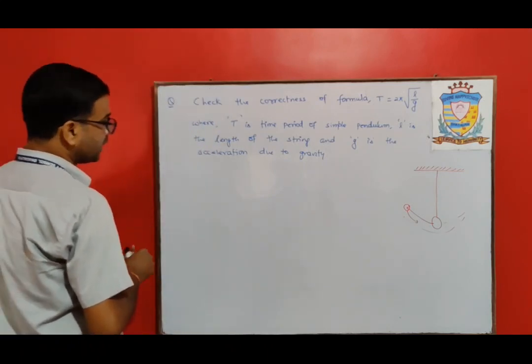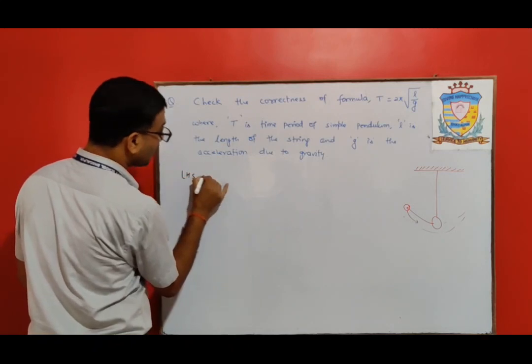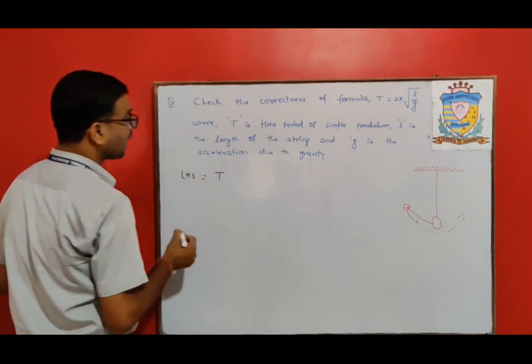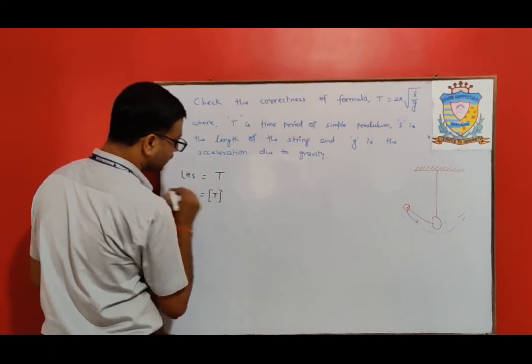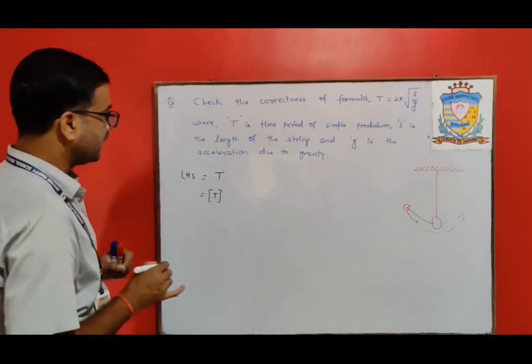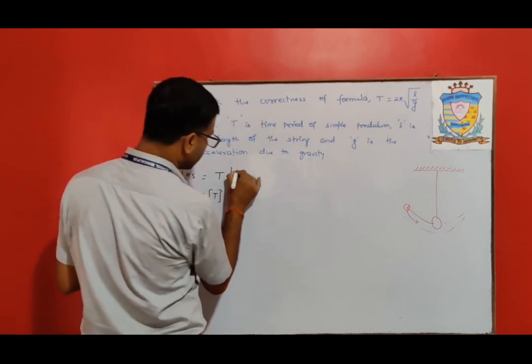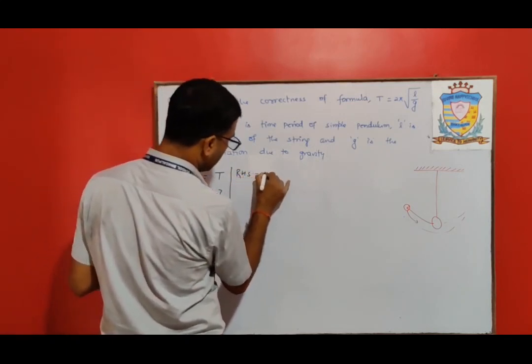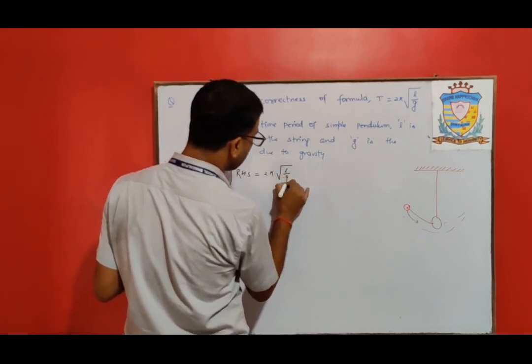On the LHS we have T, the time period, and we know that the dimensional formula for time period is capital T. Next, on the RHS we have 2 pi under root L by g.